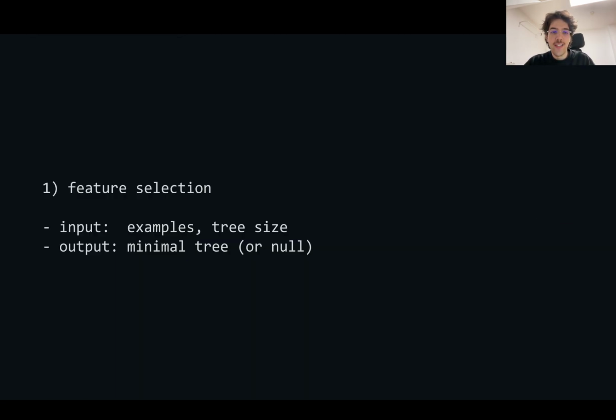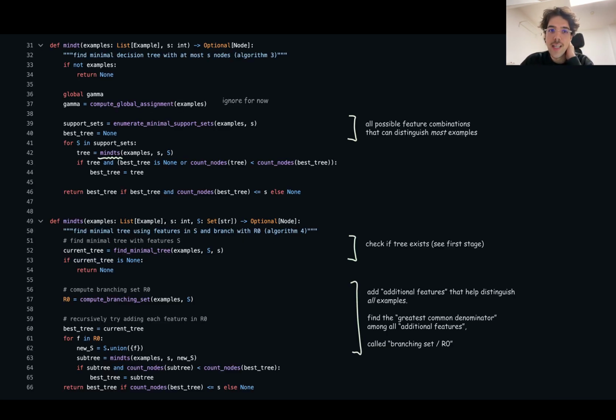And for the feature selection part, how do you actually figure out the features that you try to find trees for? Here's where it gets tricky. Essentially, we ignore the first part for now when you try to find the minimum decision tree. You generate support sets, and support sets are features that can distinguish most examples, and you enumerate all possible combinations of support sets given the examples.